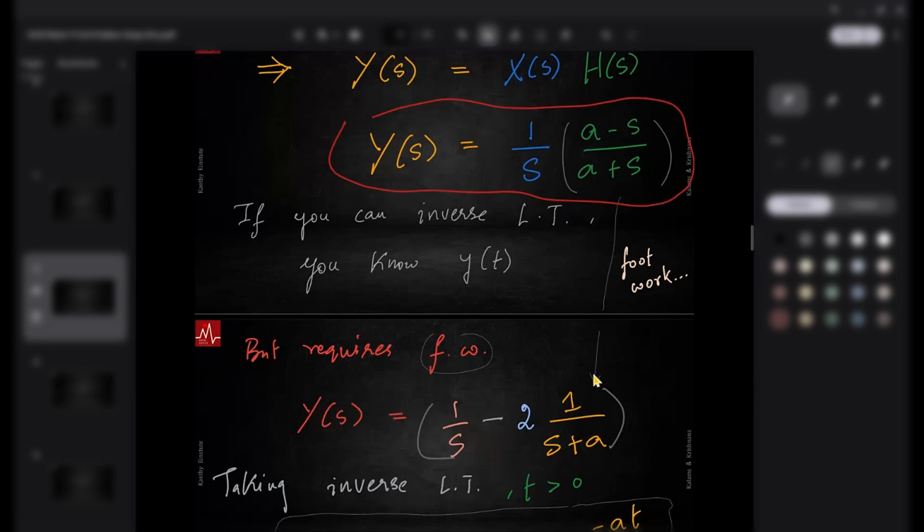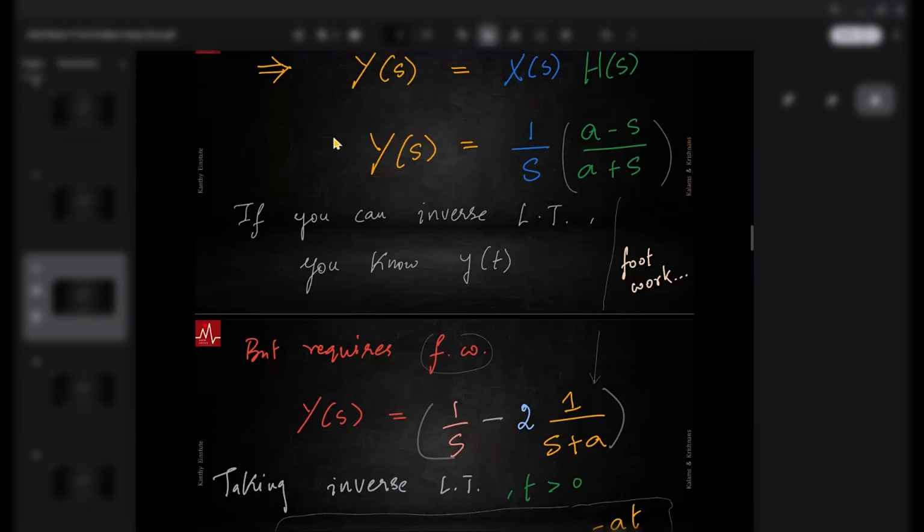But how do we go from there? I put footwork here, but it goes by the name method of partial fractions. You are trying to split this. Method of partial fractions is somewhat, you know, often the name itself suddenly makes you capable of secreting cortisol and things like that, right?